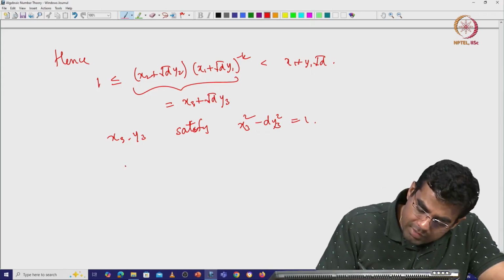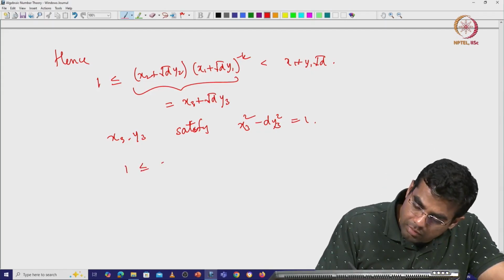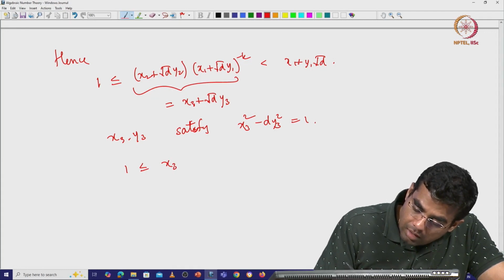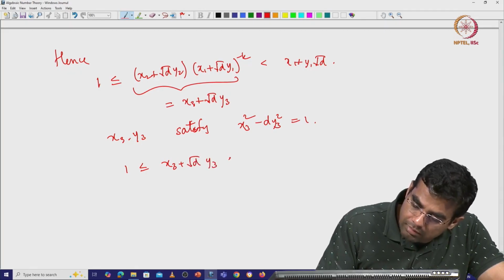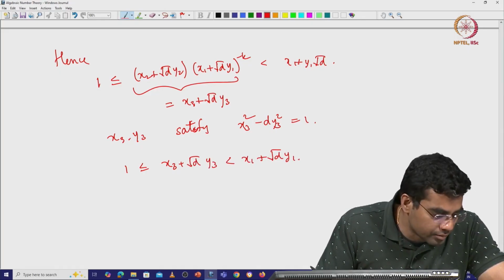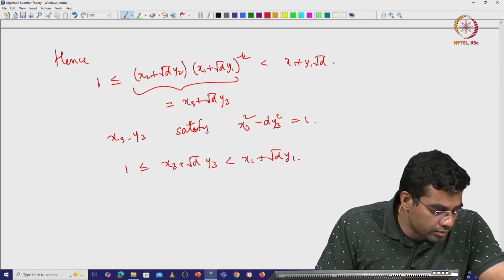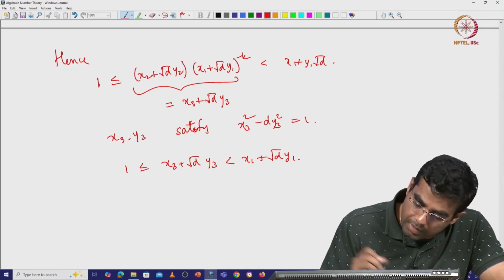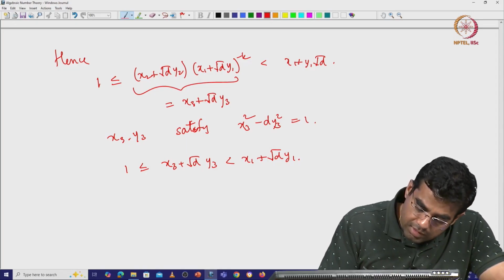And so, what we have is 1 less than or equal to x3 plus square root of d y3 which is less than x1 plus square root of d y1.